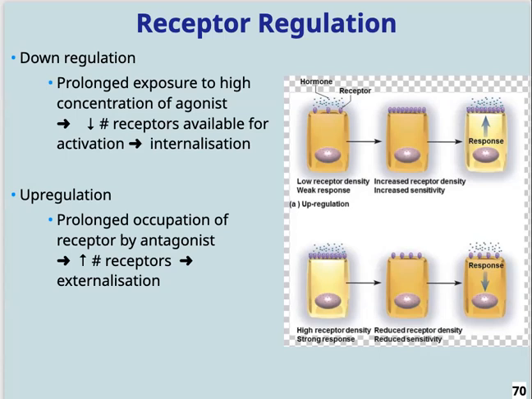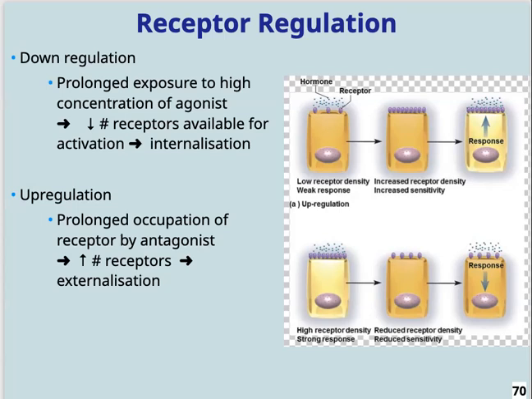For example, the presence of a significant level of hormone circulating in the blood can cause its target cells to decrease their number of receptors for that hormone. This process is downregulation, and it allows cells to become less reactive to the excessive hormone levels.